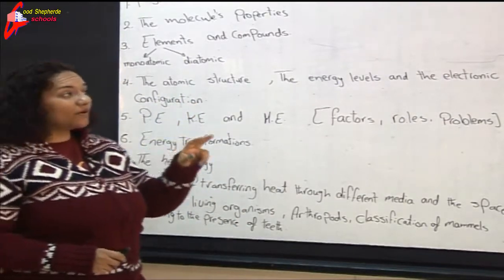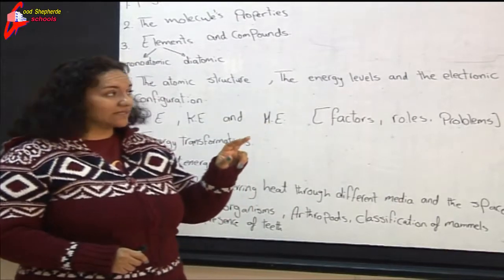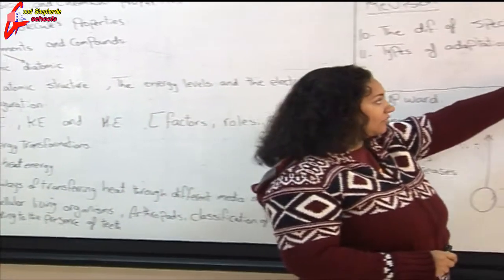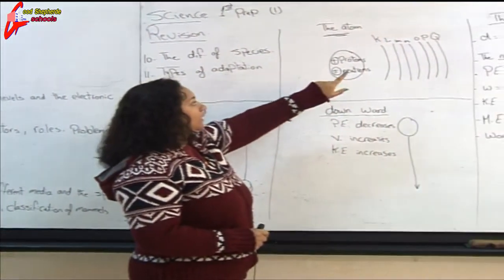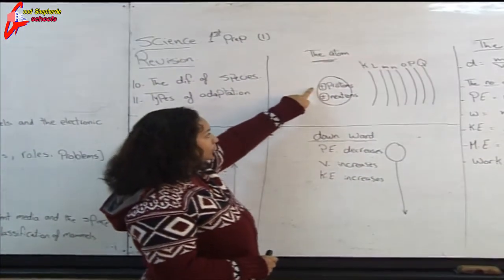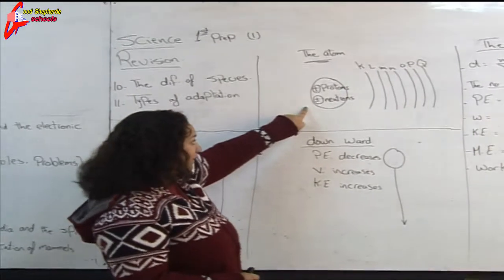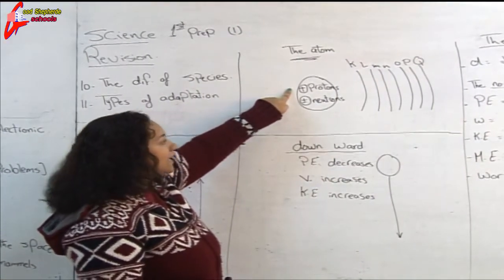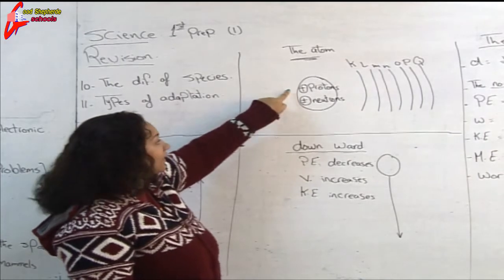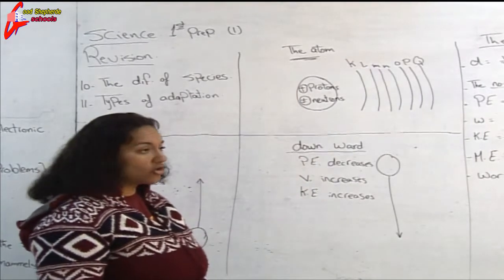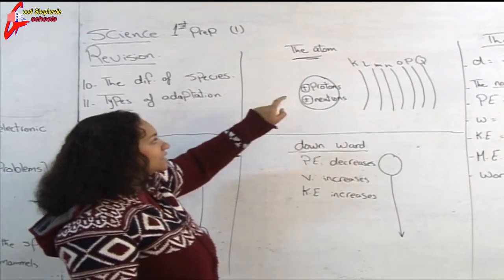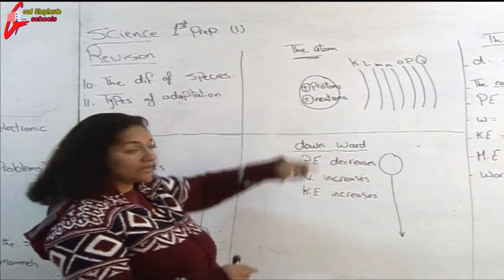The first part is the nucleus, which consists of 2 types of particles. The first type is protons, which are positively charged particles. The second type inside the nucleus is neutrons.